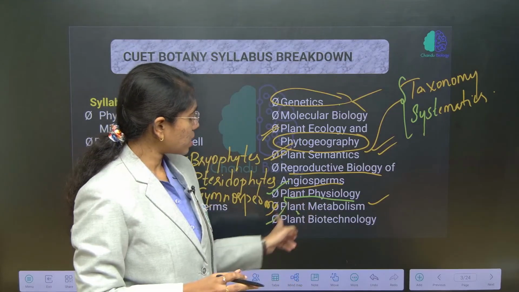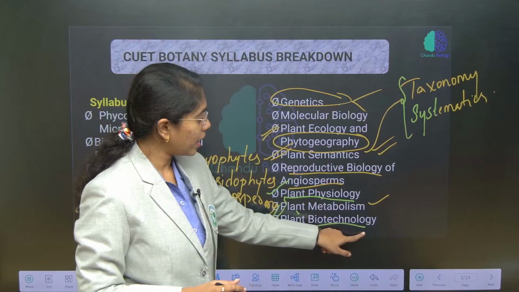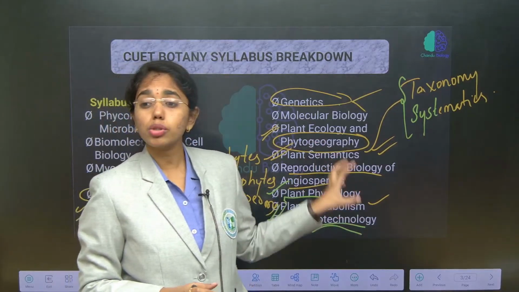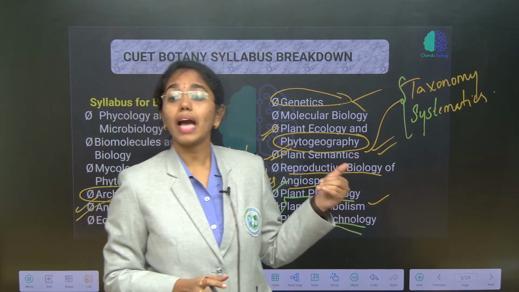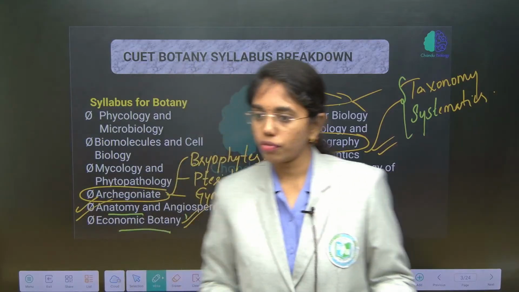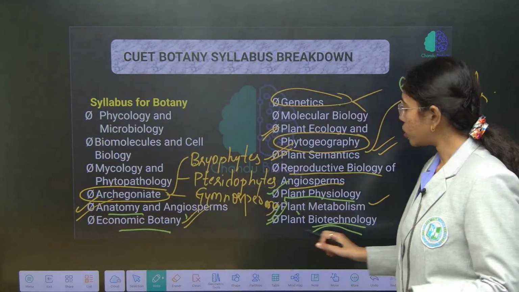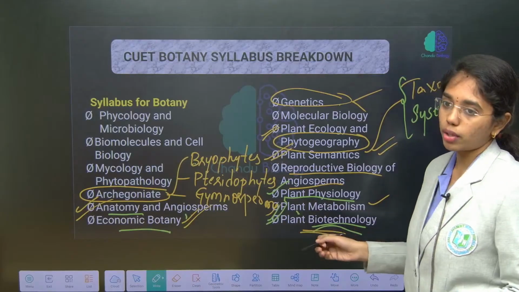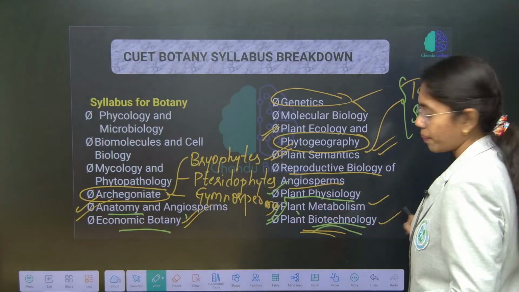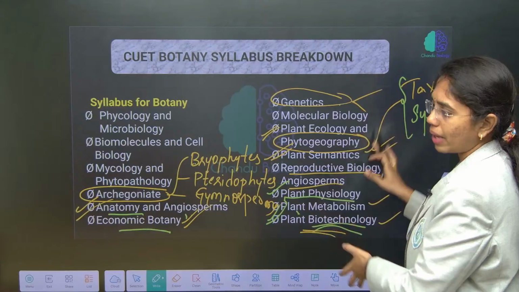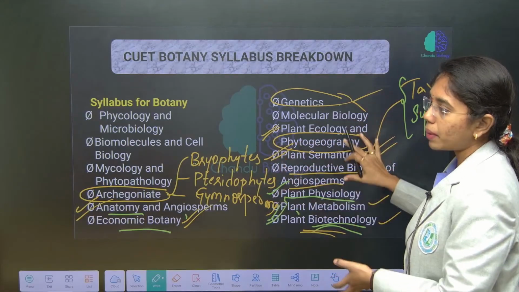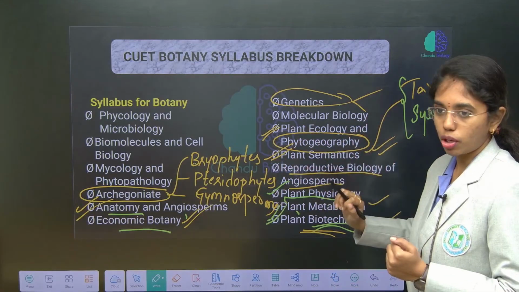After which, last is plant biotechnology. Here we will learn different tissue culture techniques, highlighting Agrobacterium tumefaciens models as such. Most importantly, targeted genes with molecular markers, everything we will look at here. Okay. This is a brief framework of the complete chapters that we have to deal with from the syllabus of botany.